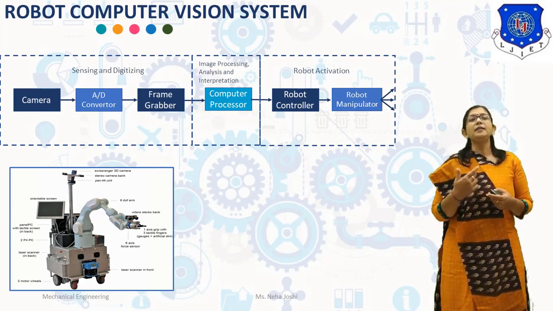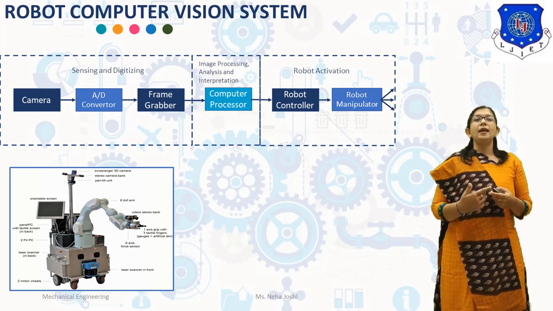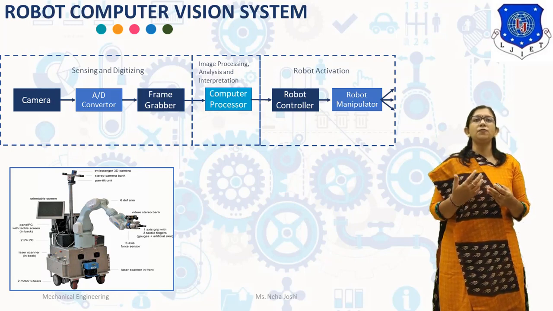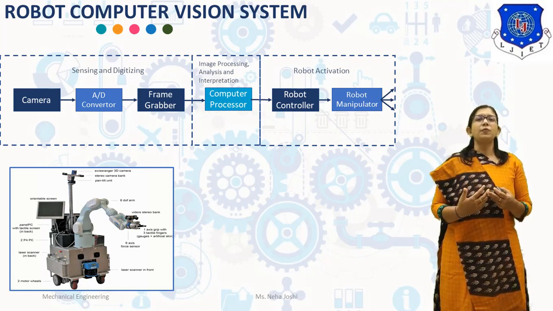The second part is image processing, analysis and interpretation. In this part, the digitized image is analyzed to extract image information such as object, edges, boundaries, color and textures. Using the image information, the interpretation of the image is carried out. The image interpretation is also called the machine perception.